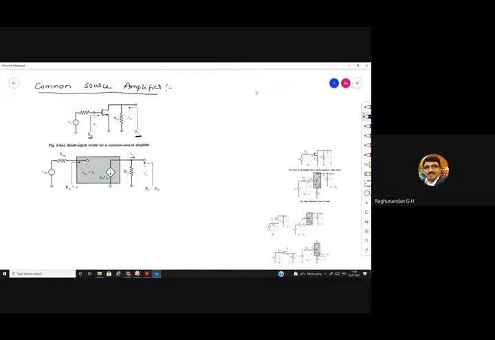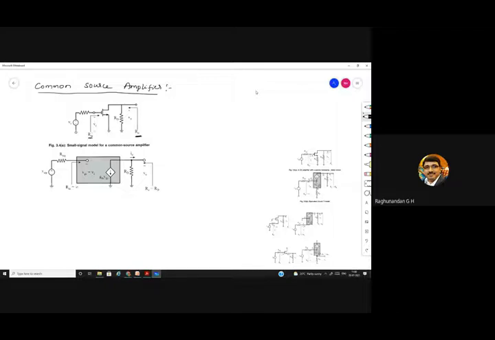When you look into this circuit, you can see that the source terminal of this MOSFET is directly connected to the ground. So here we don't have any resistance connected. So we can compare this to one of the biasing techniques we studied in BJT.